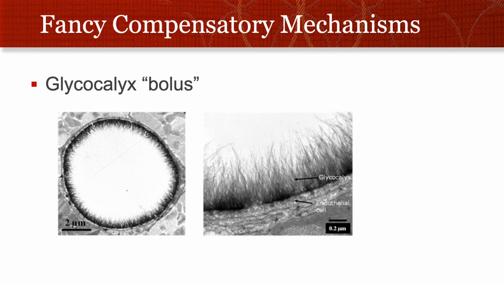And there are other mechanisms that our body compensates for shock states, one of which is the glycocalyx. All those things you learned about the Starling curve are really not very accurate. It turns out we have this little wall of sugars on the blood side of our endothelium that holds about half a liter of water to bolus to us if we are lightly dehydrated.